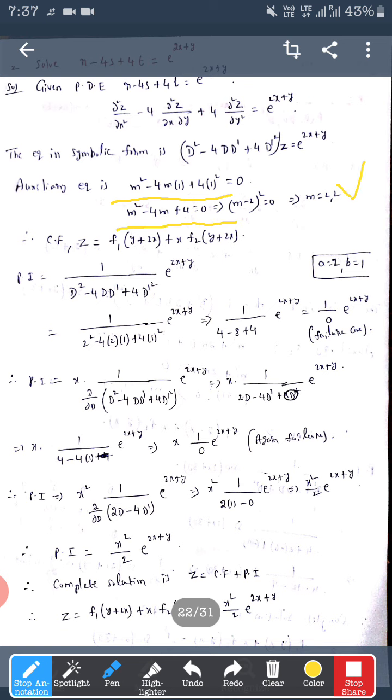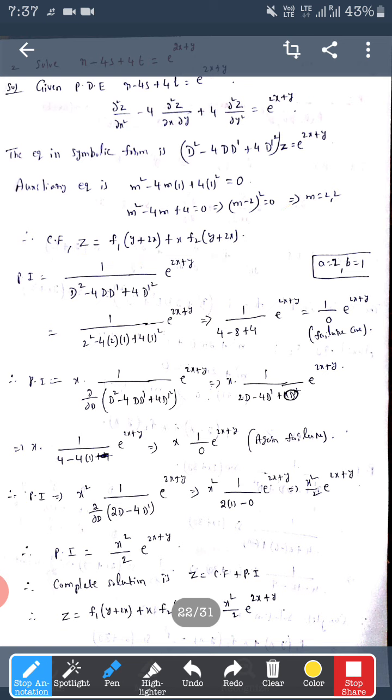Therefore, m is equal to 2, 2. In this case, the roots are real and equal. Therefore, we write the complementary function as z is equal to f1 of y plus 2x plus x into f2 of y plus 2x. This is the complementary function.